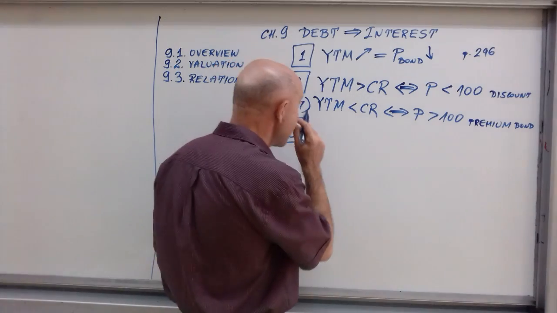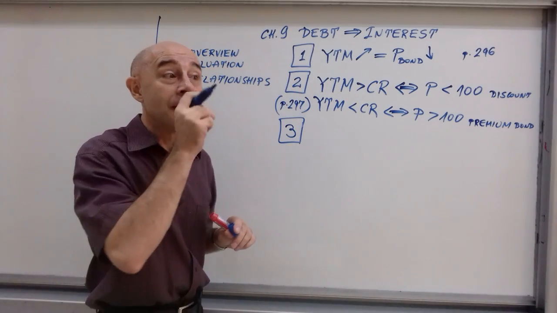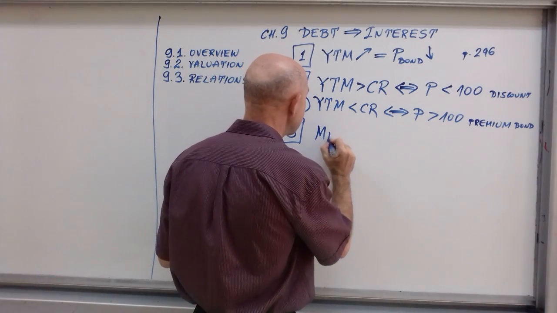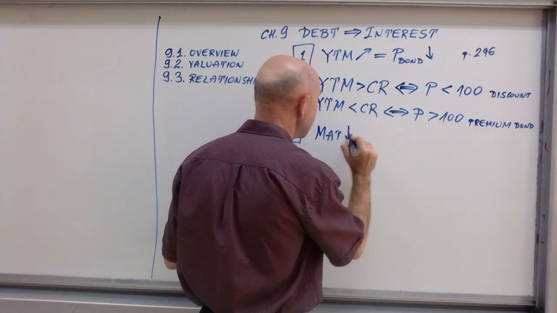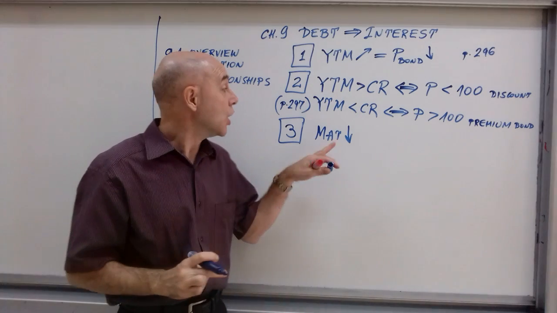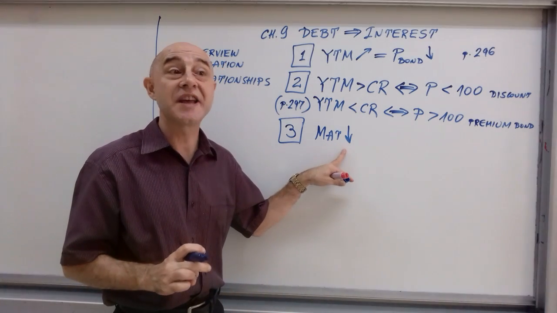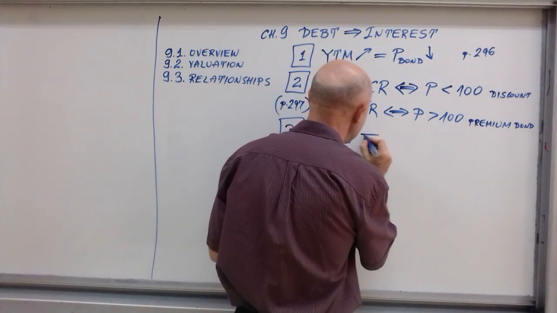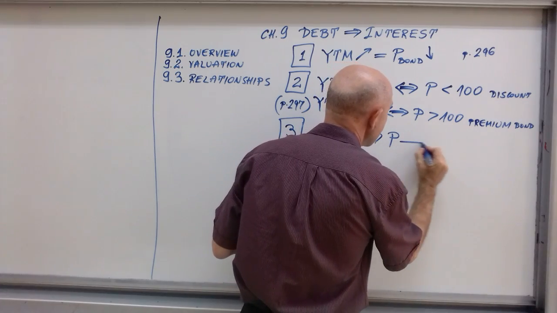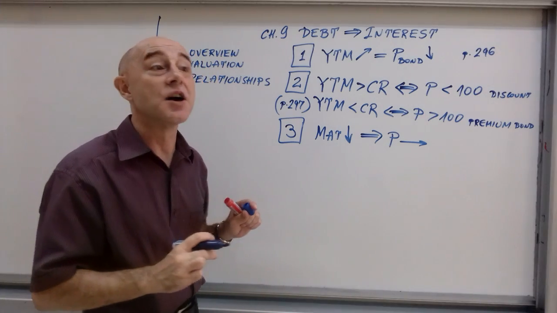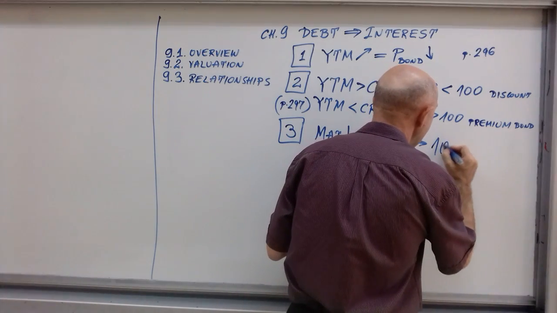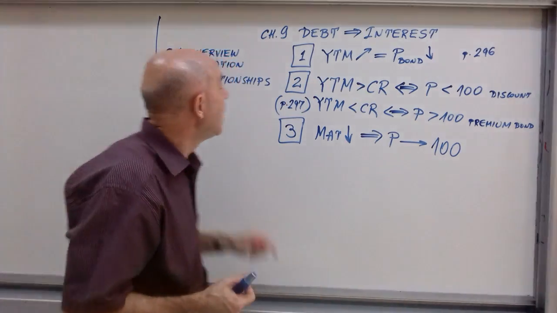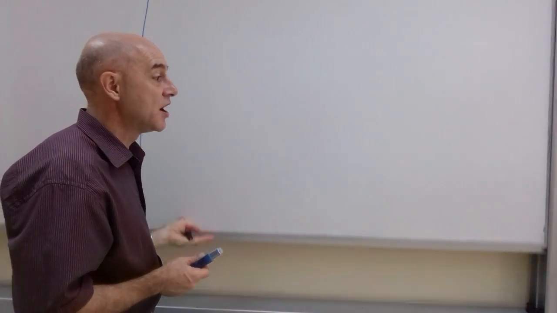So, as time approaches maturity, as maturity gets lower, in other words, we get closer and closer to maturity, the price approaches par. 100% is par. This will require a little bit of a picture.